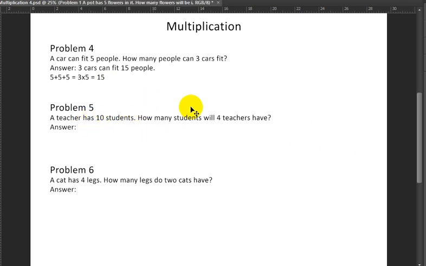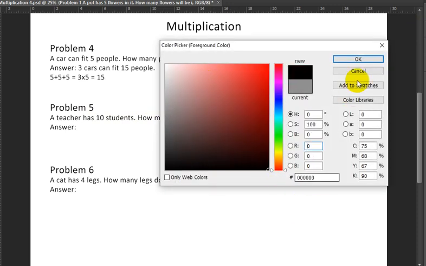Next up, a teacher has 10 students. How many students will 4 teachers have? All right.